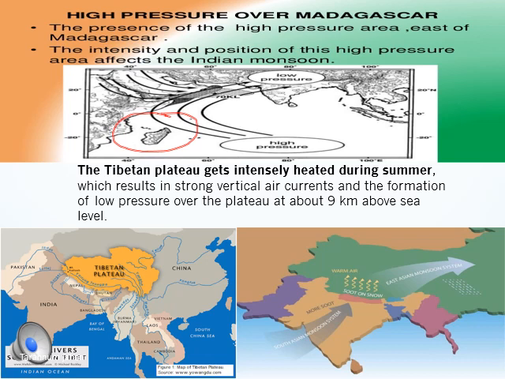Now if you see the next diagram, you can see the hot air masses that are coming out of that plateau. They are coming out vertically, completely straight.